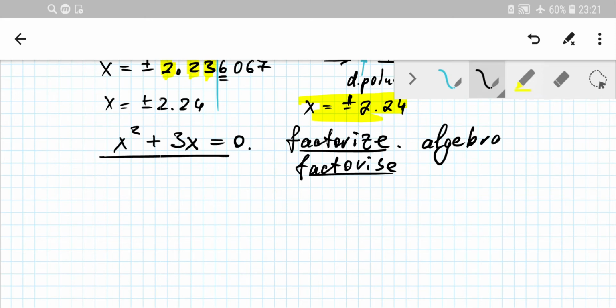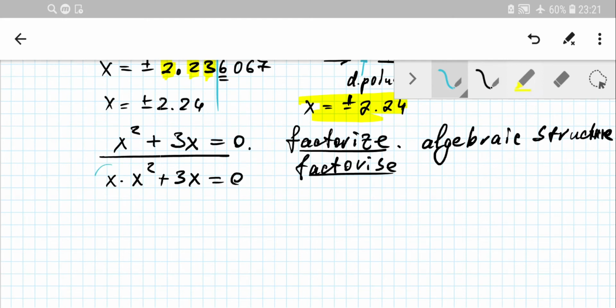So what are you actually doing? You do the same as for numbers, except you look for common variables, the same letters. In this case, you see that x here and x here are the same, so you simply take it out as a common factor.